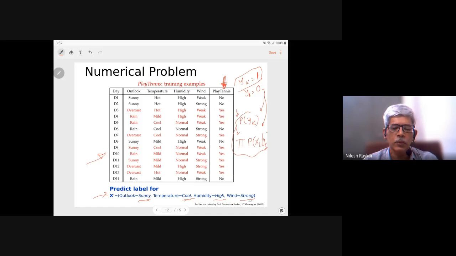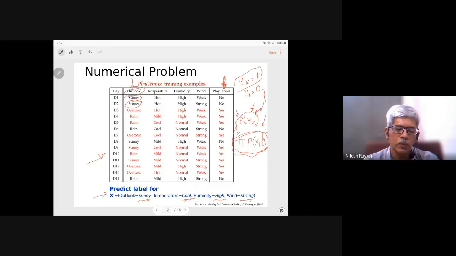In order to do that, first you have to calculate the probability of playing tennis irrespective of climatic condition, and the probability of not playing tennis. These two calculations can be done very easily, or rather you did them at the beginning of the class. The second thing is calculating for each of the features and for each of its categories.